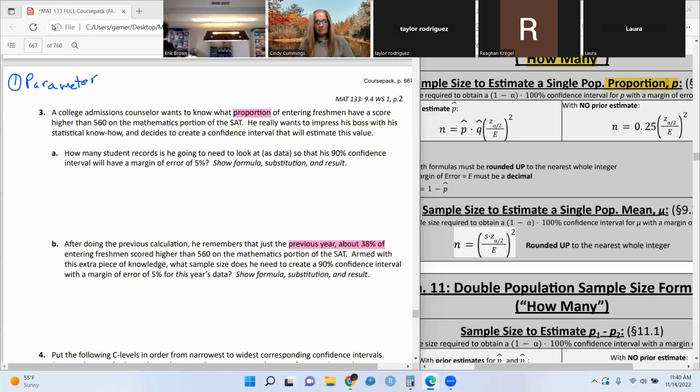So B, is 38 going to be 0.38 or 0.038? Whether you say 0.38 or 38 percent, it's the same thing. But yes, you've got to convert the percent to a decimal. So that's good. Okay.